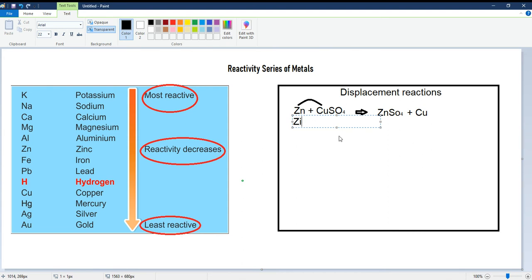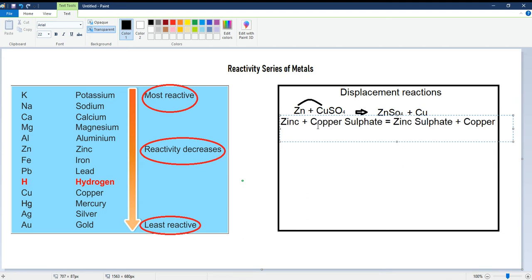I'm just going to write it in the word formula: zinc plus copper sulfate is equal to zinc sulfate plus copper.